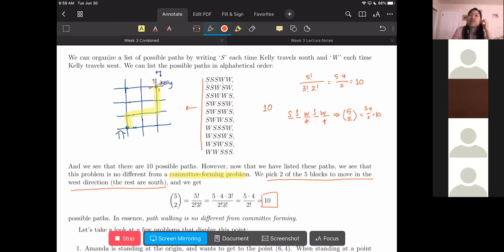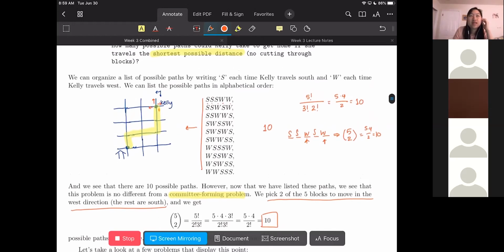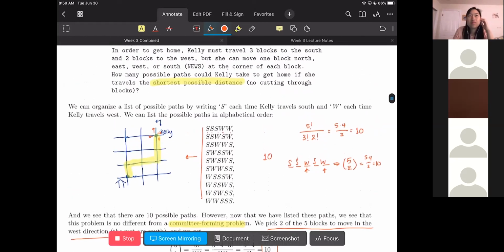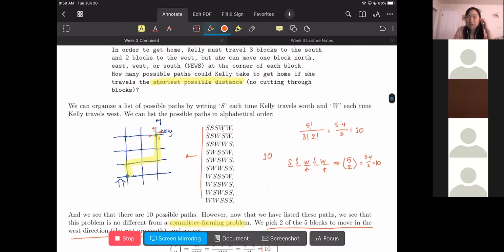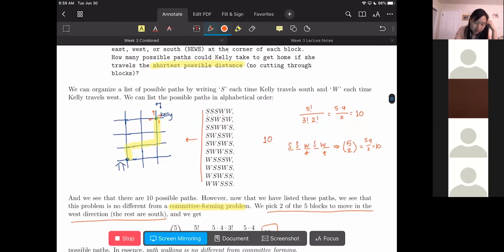Yeah, that's right. That's correct. There are a couple parts to this problem, but it is important that it's the shortest possible distance, because if that wasn't the case, Kelly could take a path like, let me go down and right and up and left and down. That would be a different path, but it would not be the shortest.